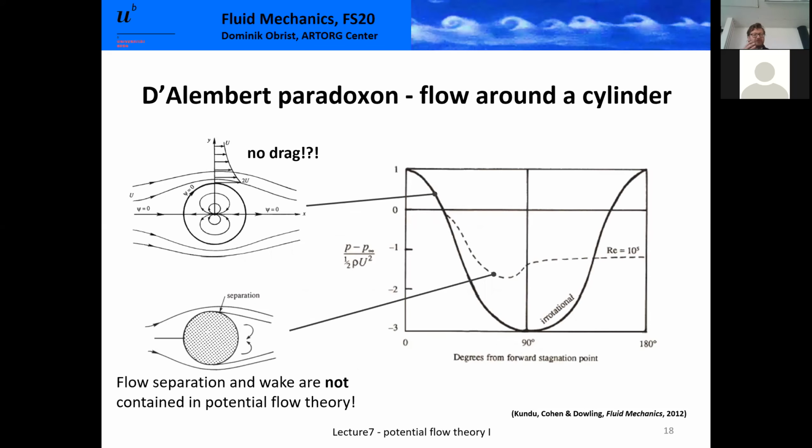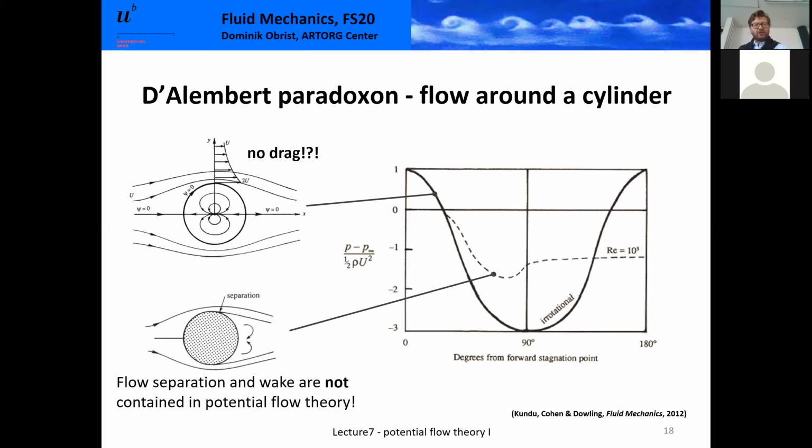Now, there's a little problem with drag, and I announced this a while ago already. If you look at the streamlines, you will find out that everything is fully symmetric. It's not only symmetric with respect to the x-axis, so bottom and top, it's also symmetric with respect to the y-axis. So leading edge and trailing edge, or front side and back side of the cylinder, look perfectly symmetric.